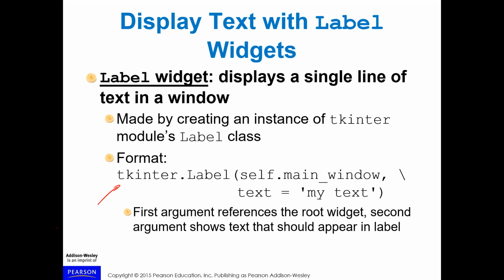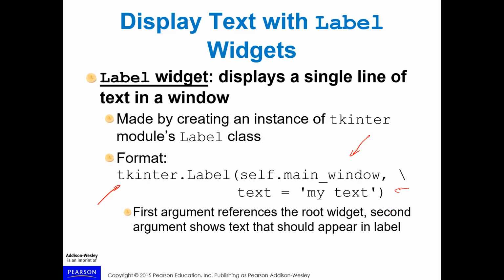Basically you import the library tkinter, then you do tkinter.Label, and then here you can specify the main window and then some text.